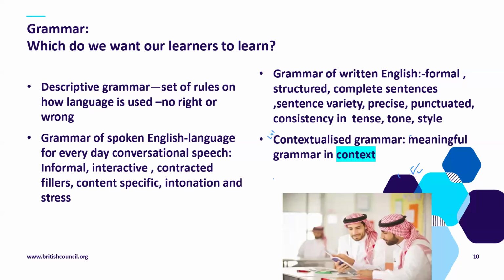Like if you can see when we are talking, people will always go, as I was saying, with those kind of fillers. And it is based on specific content. What is it we are talking about? A lot of intonation and stress. That is the spoken English for you.